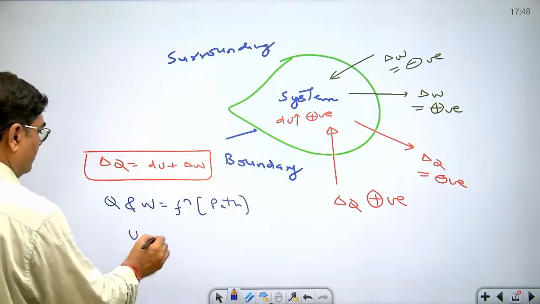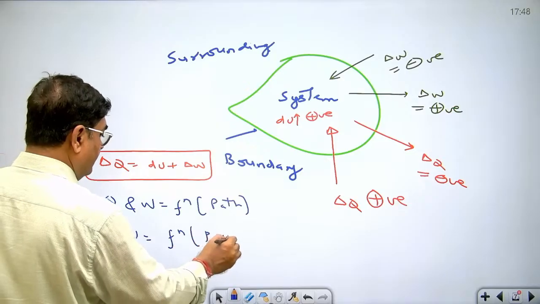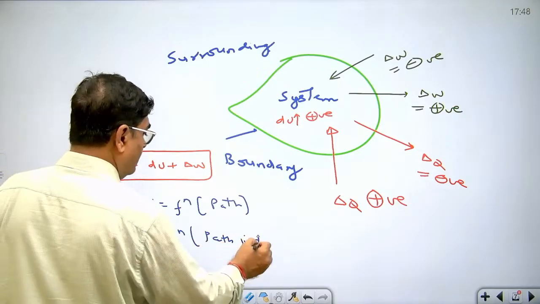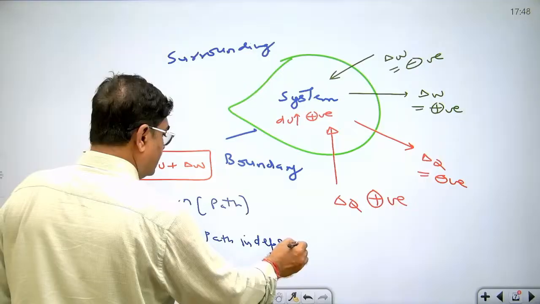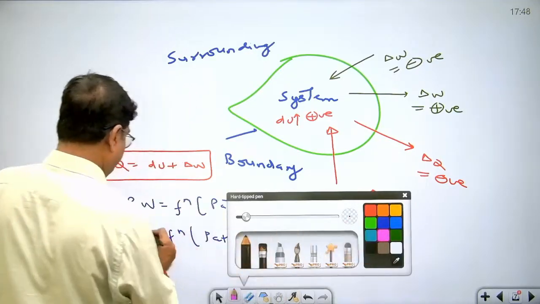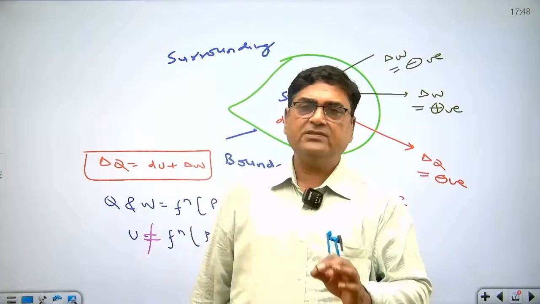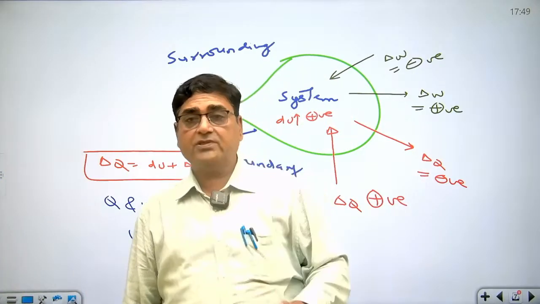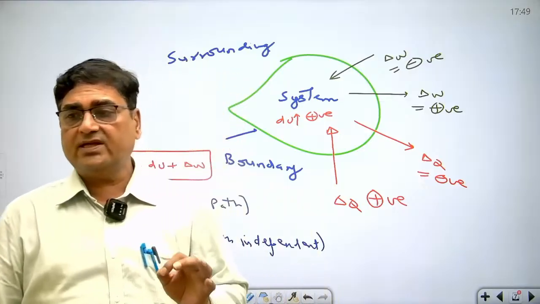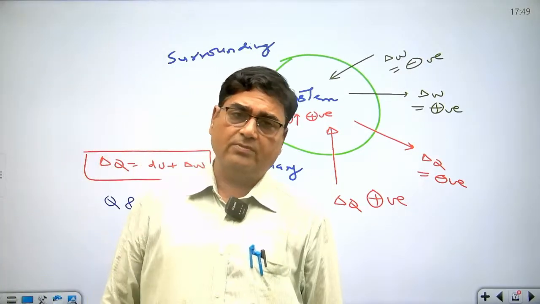But internal energy of the system is a path independent quantity. Internal energy of the gas depends only on the initial and final position of the system.